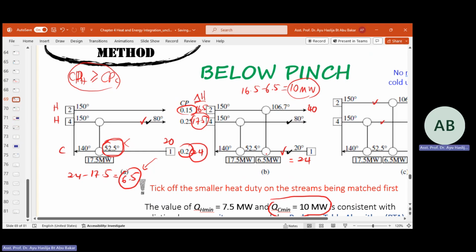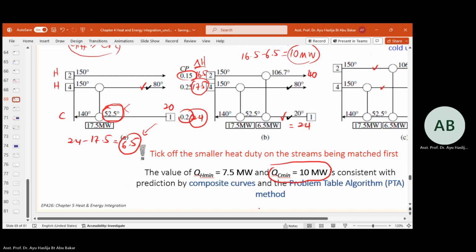You see, when you install the second heat integration, then only you get your T target. How do you get the 52.5?